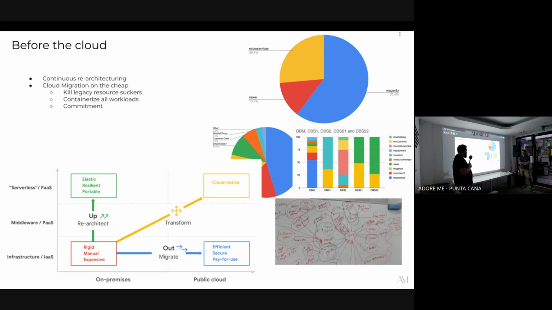So before we moved to Google Cloud in 2020, we spent an intense 6 months to re-architect the bits and pieces that were really, really painful. So we looked at the big resource suckers and we put them on a weight diet. We killed the most heavy endpoints and migrated to microservices that were running in Kubernetes.